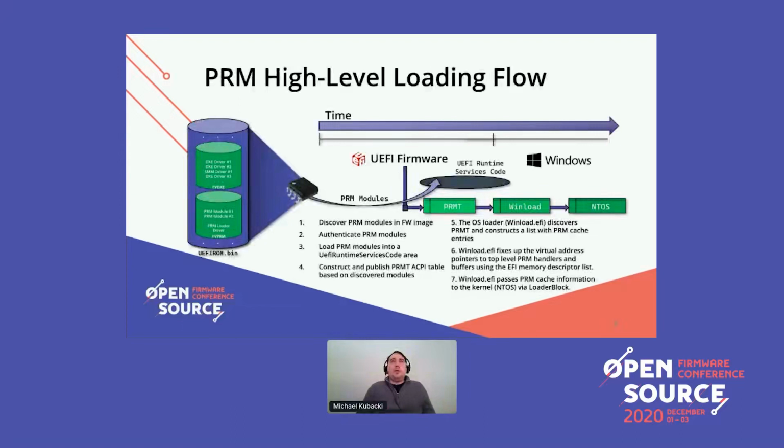So this is the PRM high-level loading flow. This shows how we go from PRM modules being on the flash device of the system all the way into the operating system. As we've been discussing, they can be called by OS drivers. Looking over at the far left, you have the flash memory. In the PI specification, the platform init specs that we use for EDK2 UEFI firmware, we have these constructs called firmware volumes.